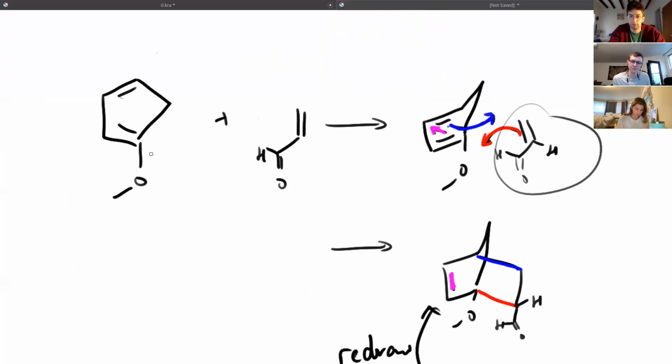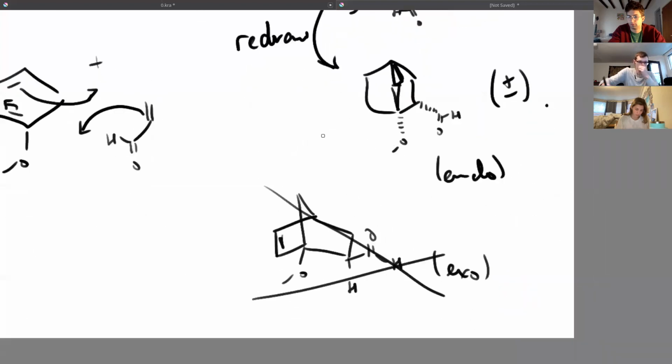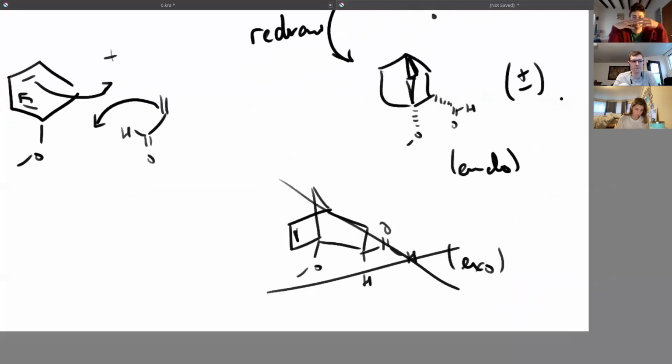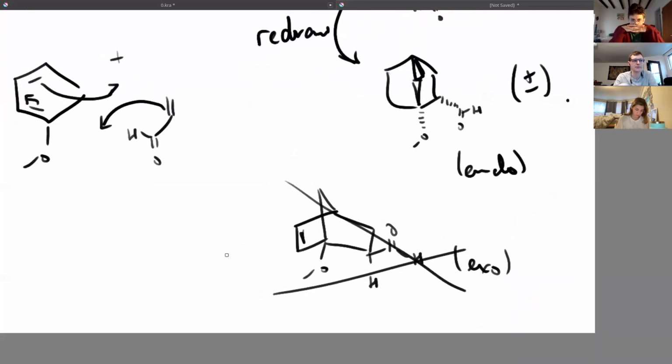Just to quickly clarify, so in the exo, the substituent, the aldehyde, and those 2 carbons that point up to form the bond, those are both pointing up. Exactly. So exo is when the substituent on the dienophile and those of the diene that are forming the bridgehead are pointing the same way.